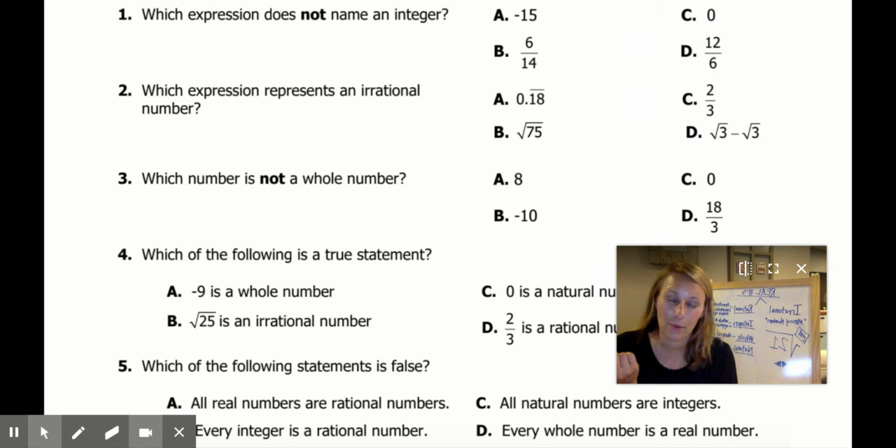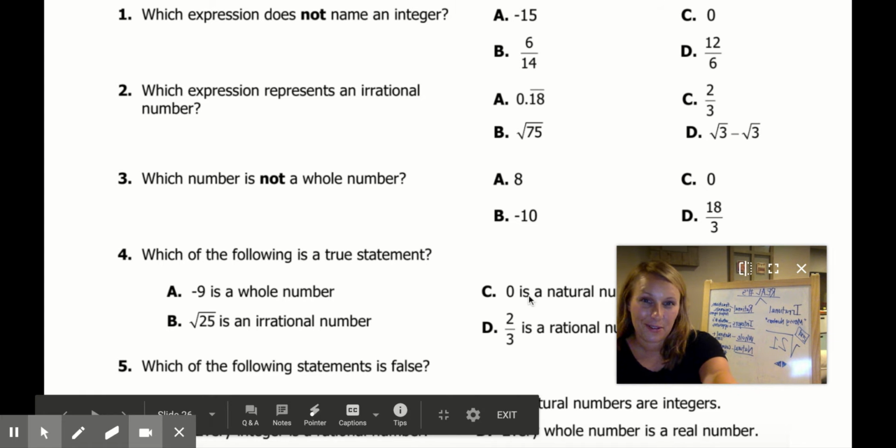I need to simplify before I classify. -15 I know is an integer because it's a number that I see on the number line. 0 is a whole number, and all whole numbers fall underneath the larger circle of integers, so that's okay. 6/14 I can simplify to 3/7. I'm going to check that with my calculator to see what that is as a decimal. But 12/6 is just 2, and 2 is an integer. So by process of elimination, I'm going with B.